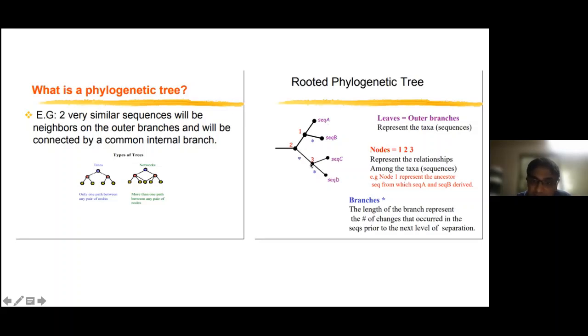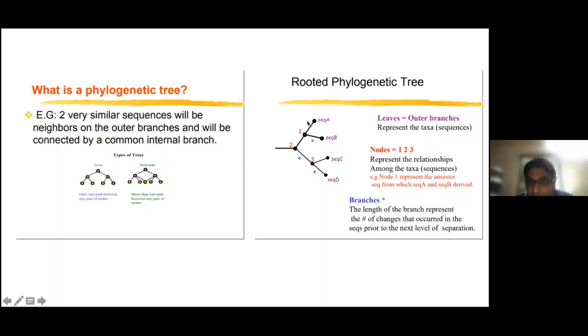Sometimes we know the information about the branches, such as the substitutions or the divergence time. Sometimes we don't. The length of the branch represents the number of changes that occurred in the sequences prior to the next level of separation. For example, how many changes happened between these two before they diverged from this internal node.